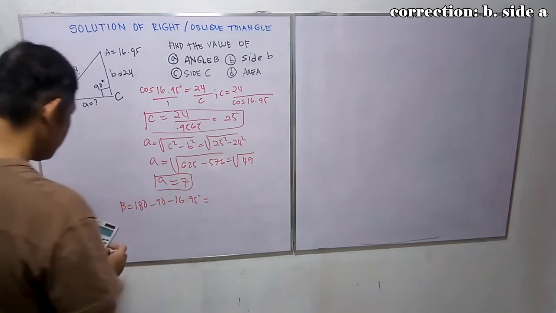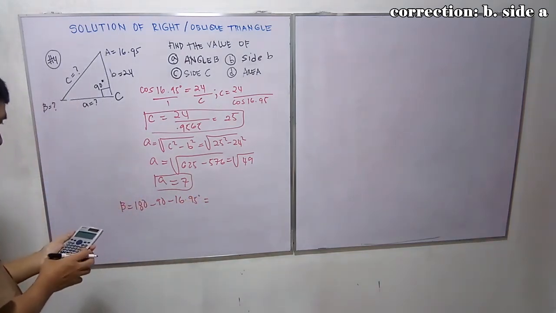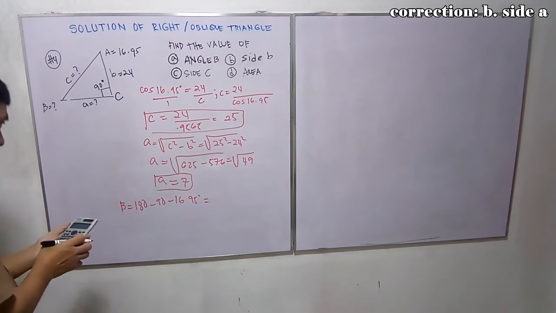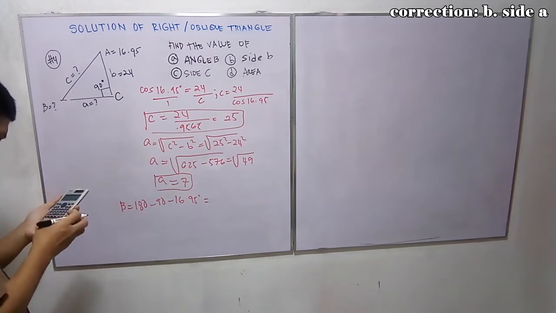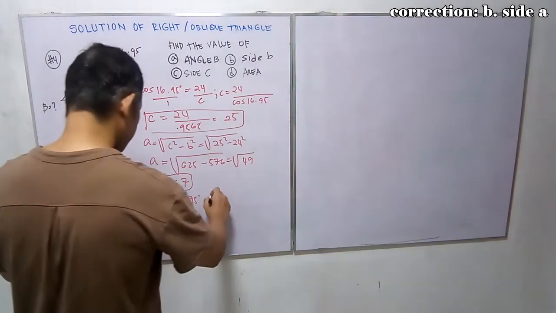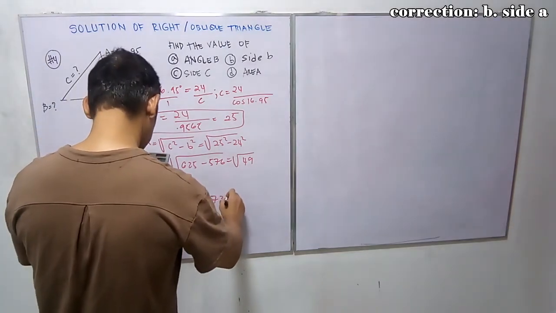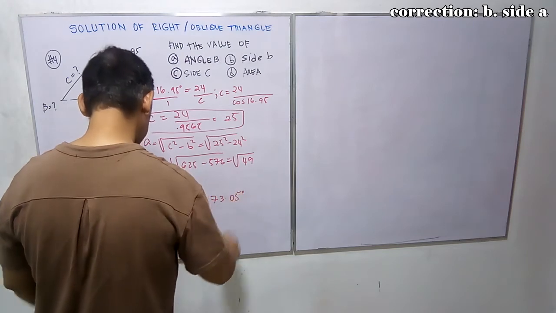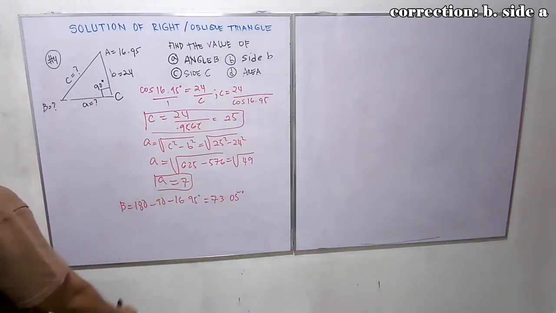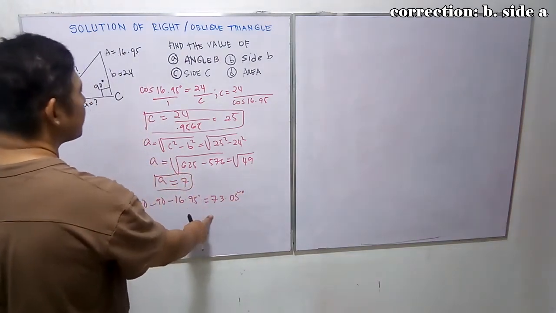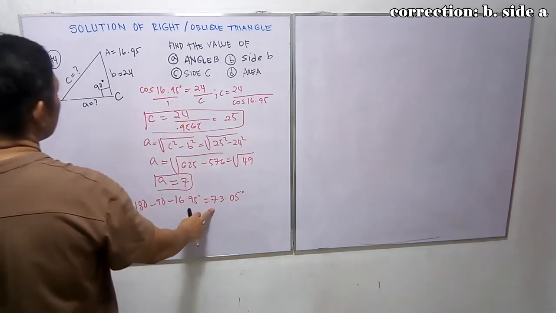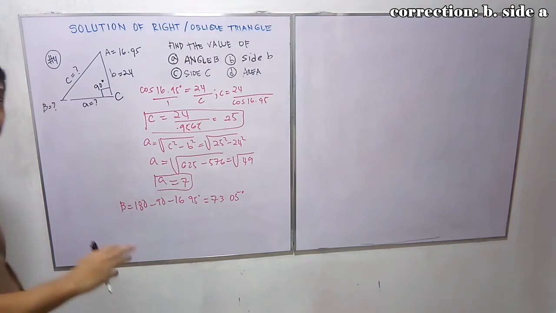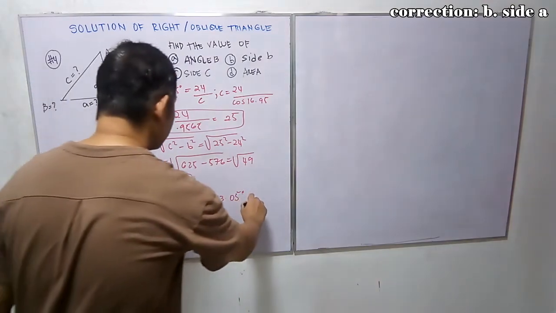Ang labasan ay 73.05 degrees. Pwede naman ma-check ito kung talagang 180: 90 plus 16 plus 73, tama, 180 talaga. Therefore, correct to.